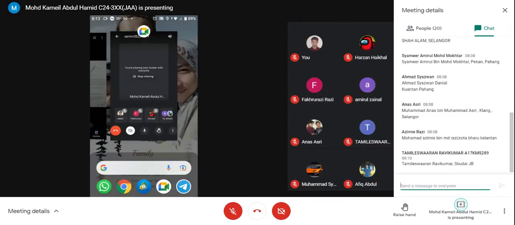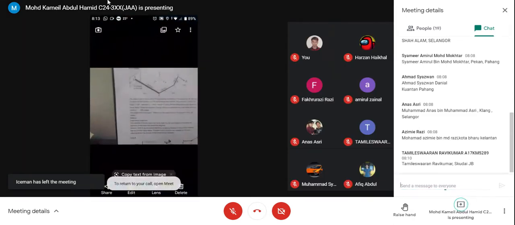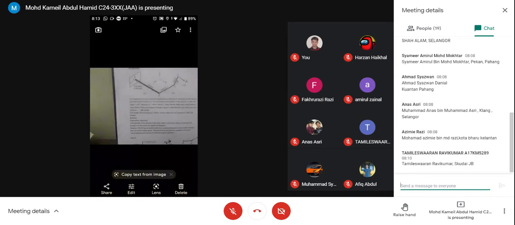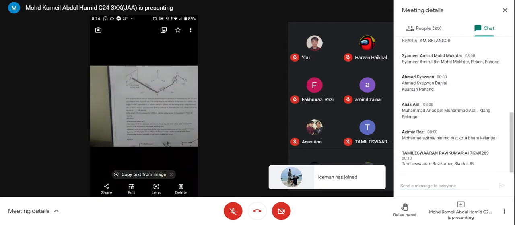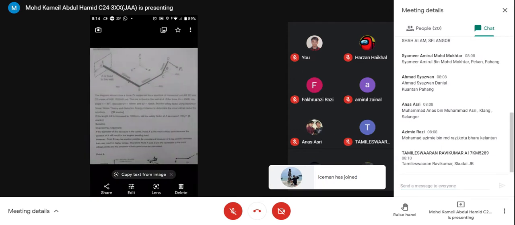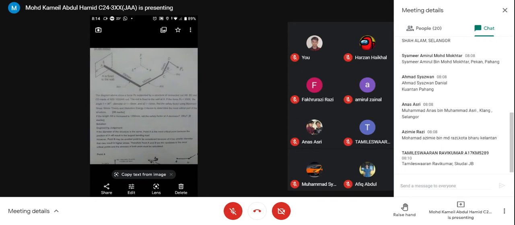Okay, so this is still on static failure sebenarnya. We started with FBD. Kemudian we have this question before. Okay, soalan, this is an exercise. Ada structure, ada rod AB connected to BC, connected to CD.